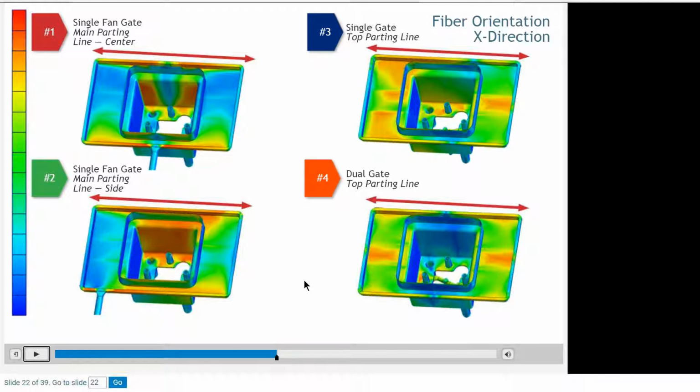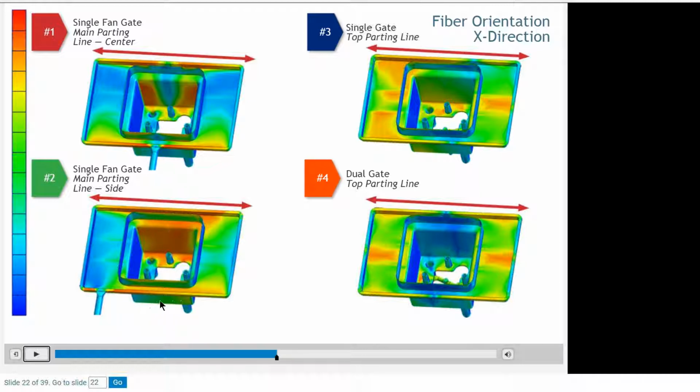The color red really means the fibers are highly oriented in this case in the X direction, so in the length of the part. We can see here very clearly that with the edge gate on the side of the part, we have some areas that are very highly oriented in this X direction.